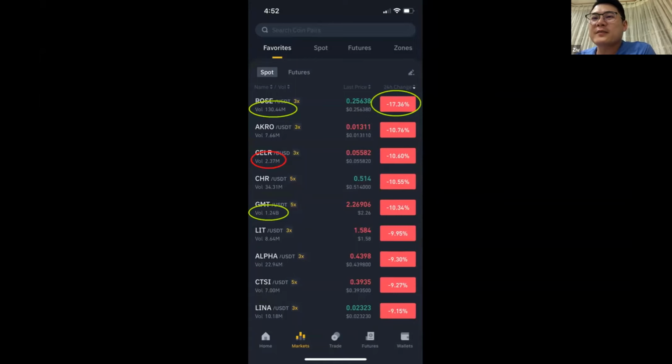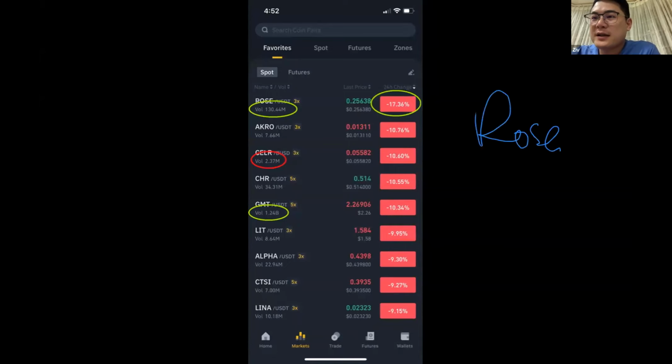The first thing, for me, I will check which coin is having a big drop at the moment compared to the previous price. So based on this chart, we can see the first one, Rose. Sorry, a minute. Rose.